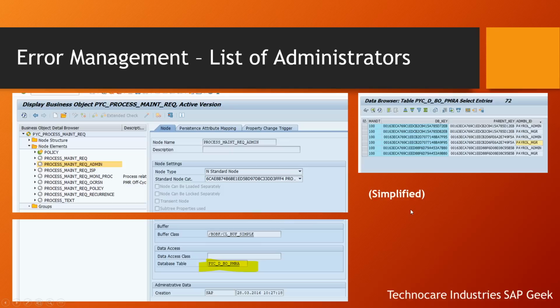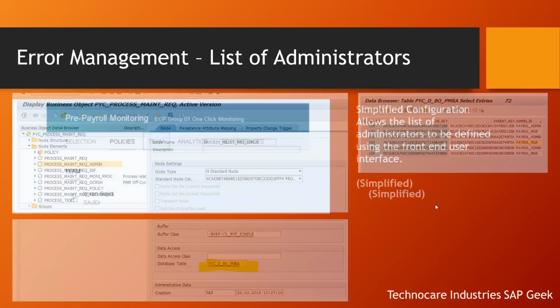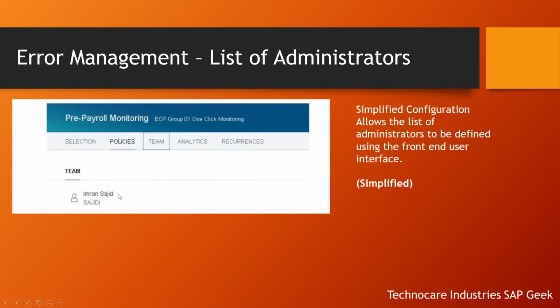Again repeating, this is only for simplified configuration. Now this is the front end screen. If you go to team, you will be able to check all the members present for that particular process. Here you can add, remove, and modify the list of administrators who will be working on this particular process.